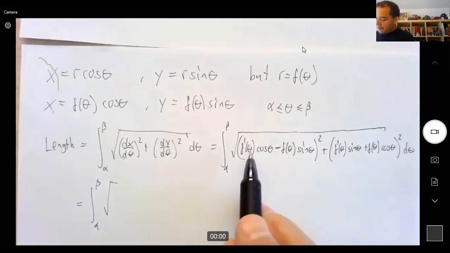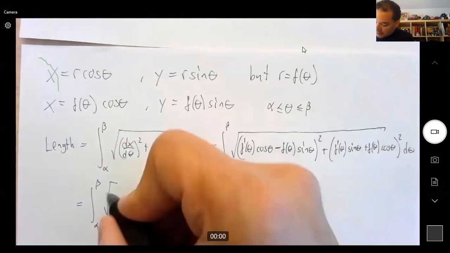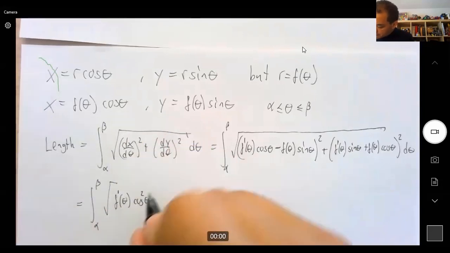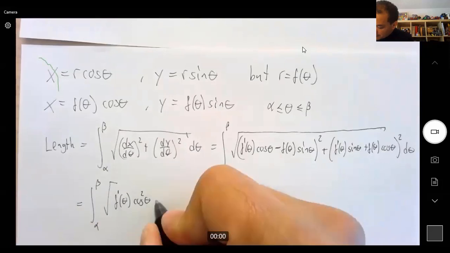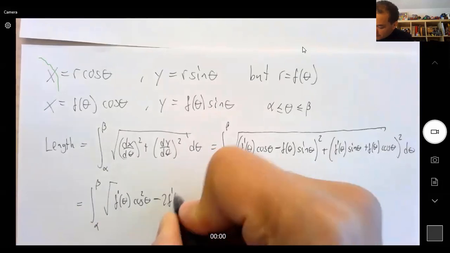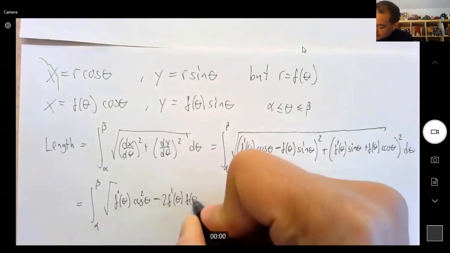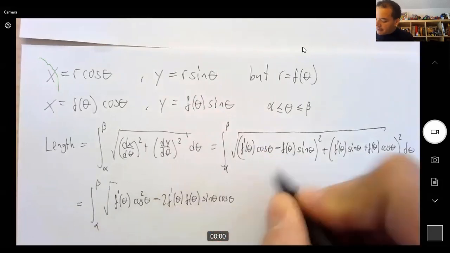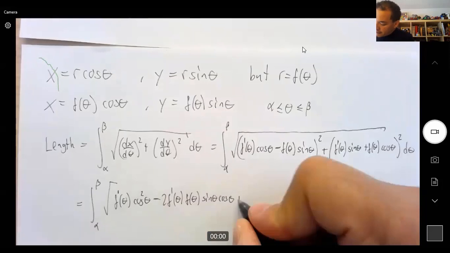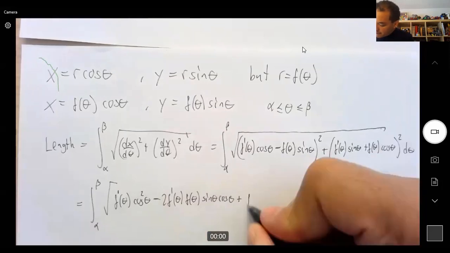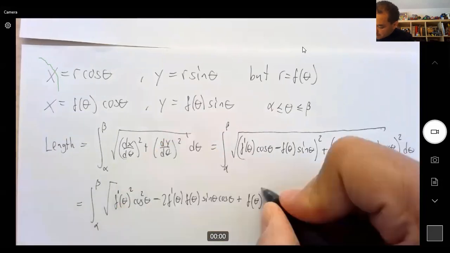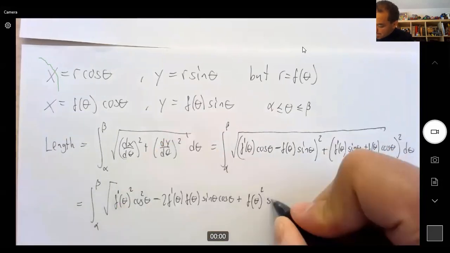See, when we square these, it's going to be the following. It will be f prime cosine square minus 2 times f prime f sine and cosine. So it's the product of this times that. And then plus the square of this, f of theta square sine square.